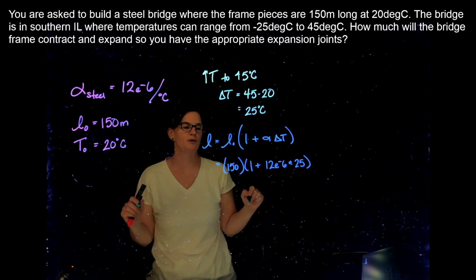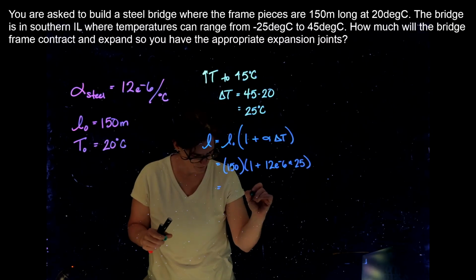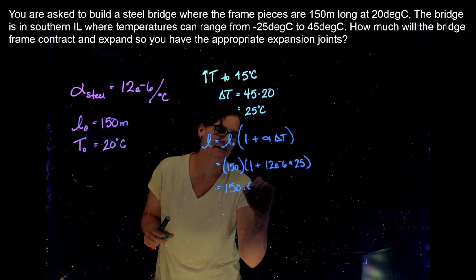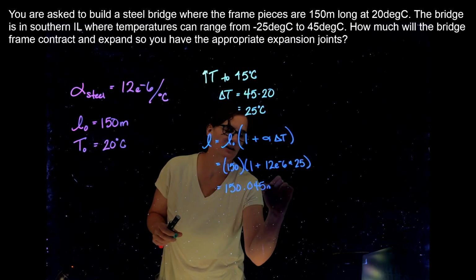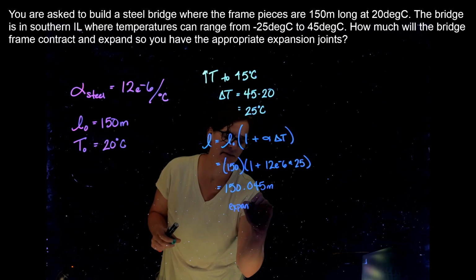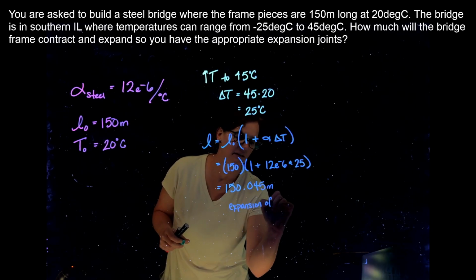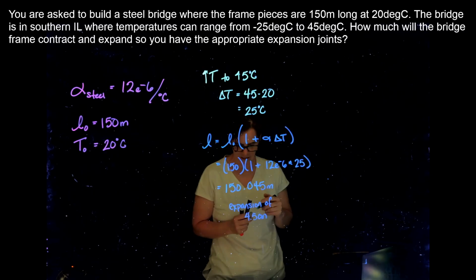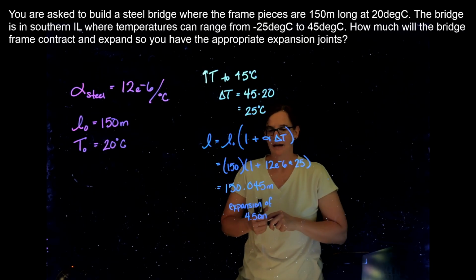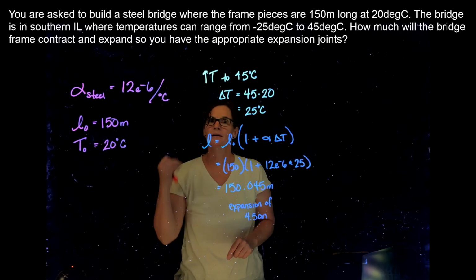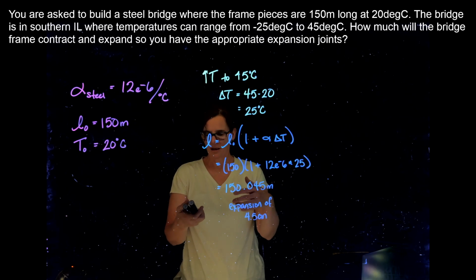It's a change in temperature that causes the expansion. And we get our new length of 150.045 meters. So we get an expansion of 4.5 centimeters. Okay? Expands by 4.5 times 10 to the minus 2, right? 4.5 centimeters. Okay. What about on the other side of things?